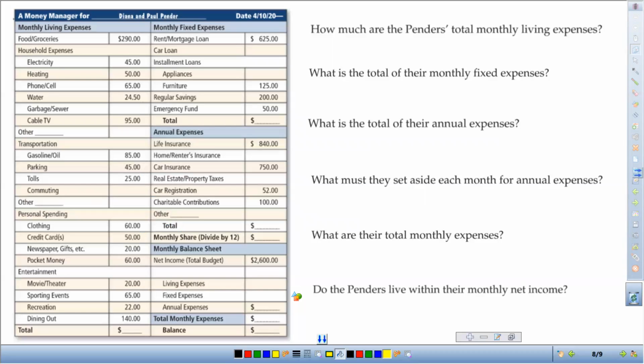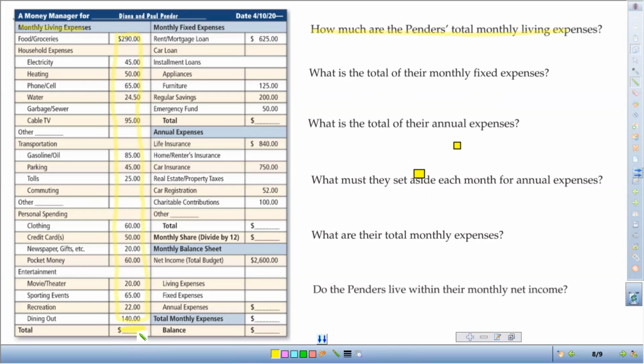So what are the Penders' total monthly living expenses? That is everything in this column here. We're going to figure it out down here. So what we're going to do is add up all these numbers and get the total down here.